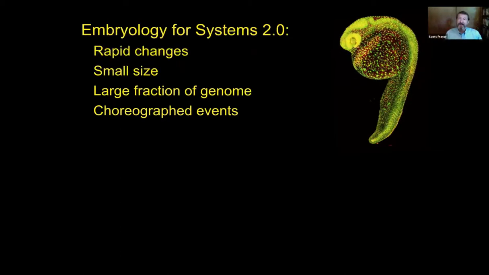It's gone from an egg to an animal that has a beating heart and starting to make important neural connections in its brain in less than a day. So embryos are ideal for systems level questions because they're somewhat choreographed and things happen in a small enough size and fast enough to use imaging as a way of addressing it.